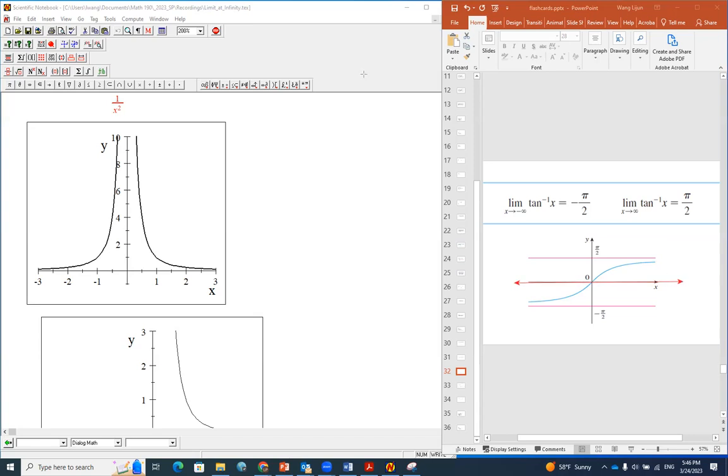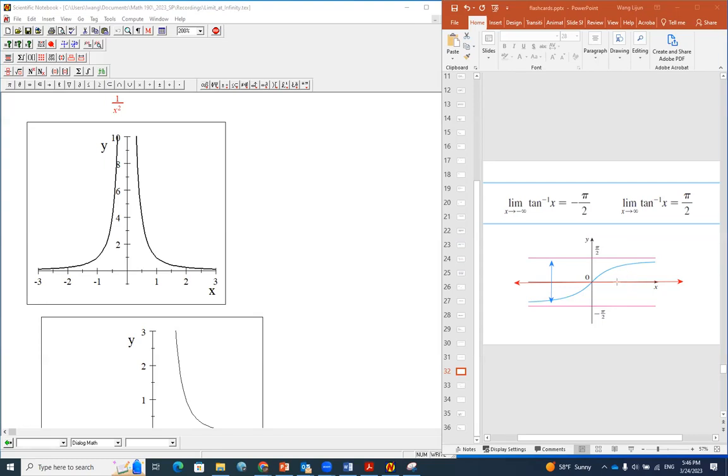The vertical span, however, is between negative pi over 2 and positive pi over 2. So this curve is larger than negative pi over 2 and smaller than pi over 2, right? That's the domain and range as we learned from trigonometry.